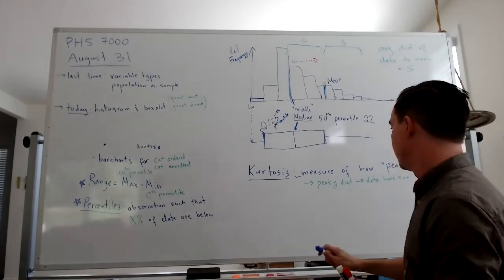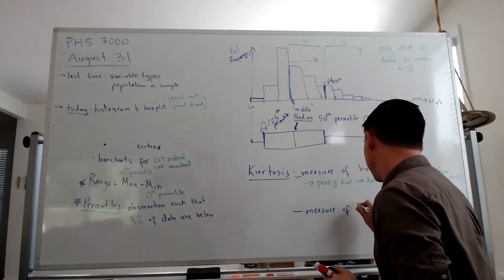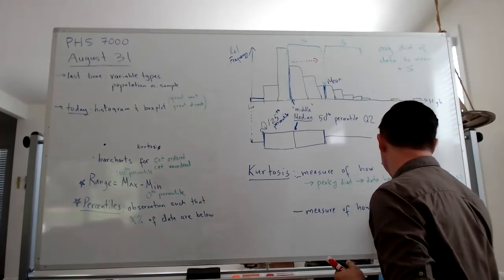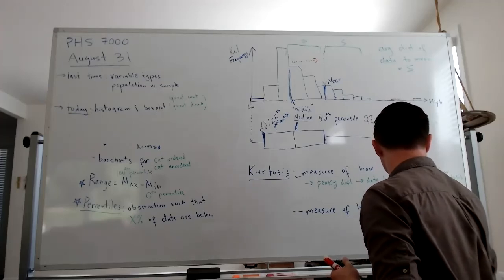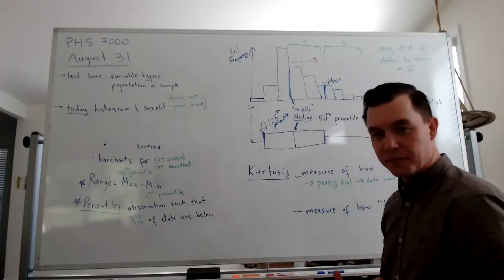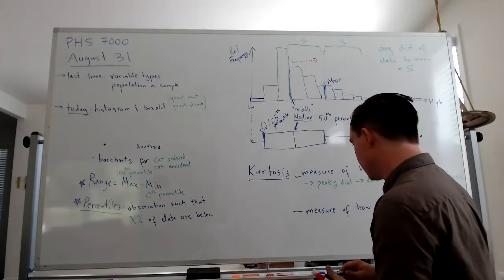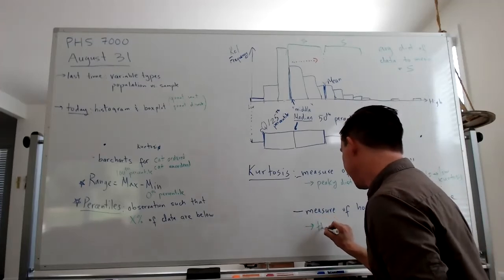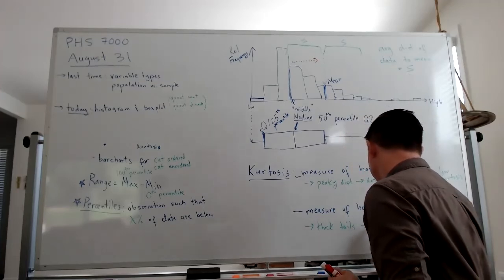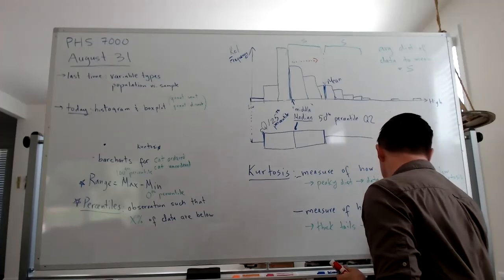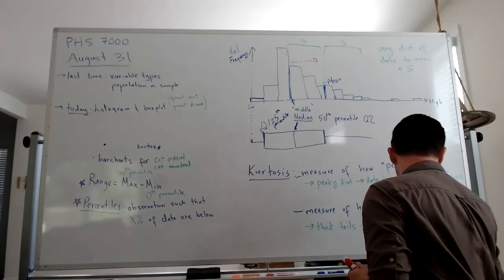So it can be a measure of how thick the tails are. You can think of this as tendency to the extremes, almost like the anti-average. Thick tails, well, data have extremes, high kurtosis.